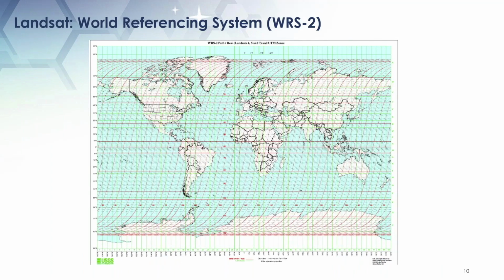It's important to note that Landsat images are referenced to areas on the Earth using something called the World Reference System. This system, with the flight lines for Landsat, are shown here. So you can see the red colored lines are essentially the flight lines for Landsat and where it's traveling and where it's obtaining data.